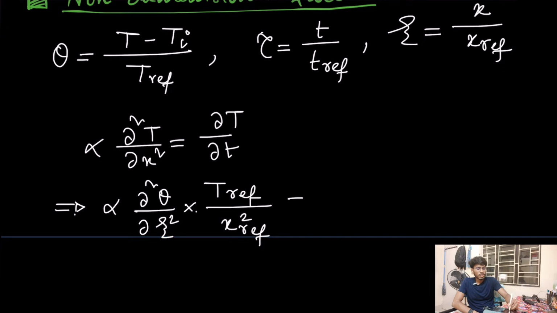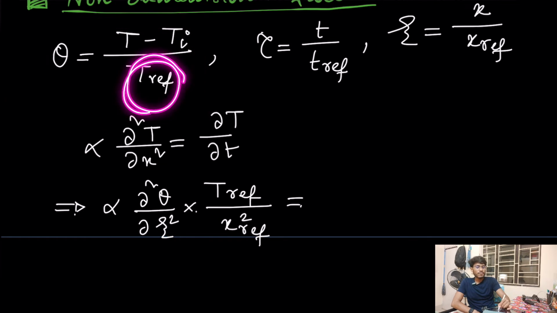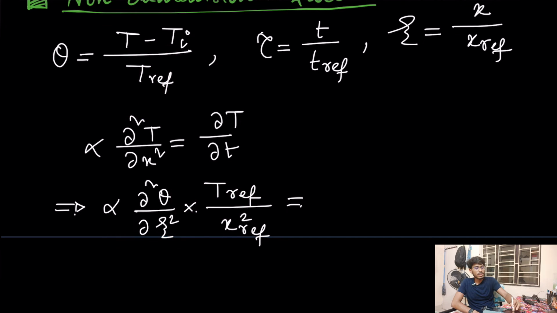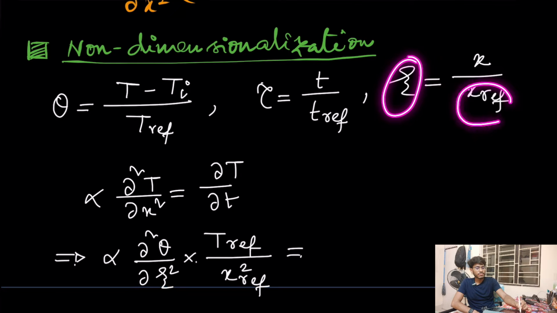Okay, but still I will tell you. That is, here in the description of theta, the non-dimensionalized variable, we have T ref in the denominator. So that T ref will be here with the into part. And here for the non-dimensionalized description of zeta, I have x reference.